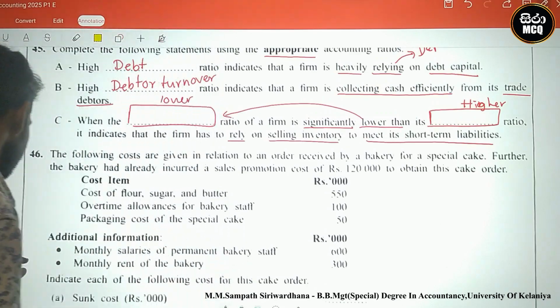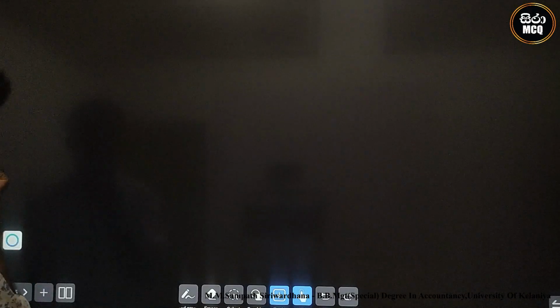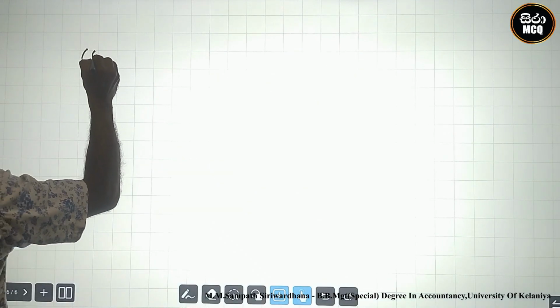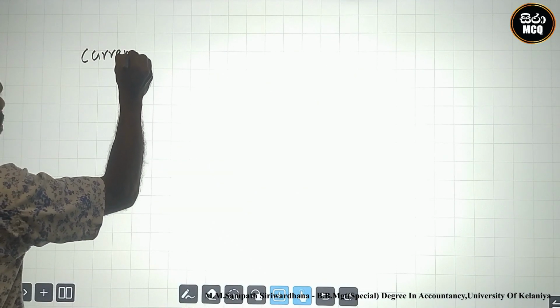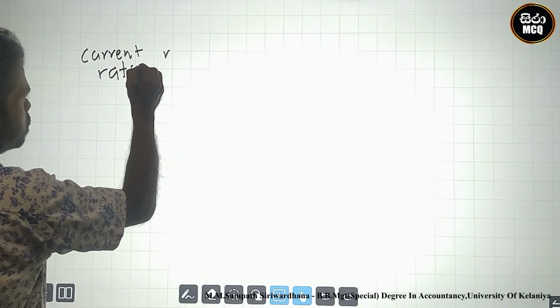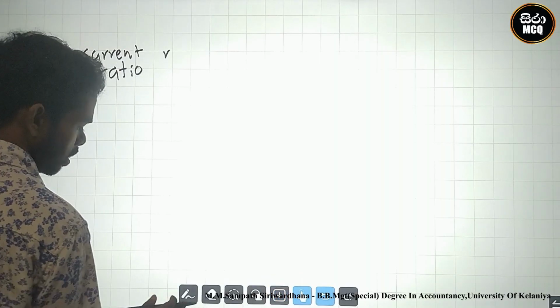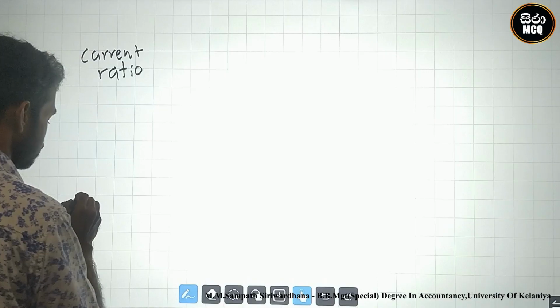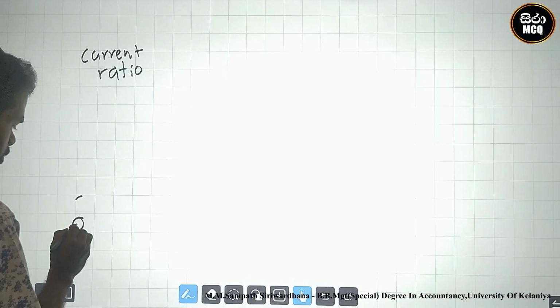What are the ratios? The ratios are the current ratio and the quick asset ratio.